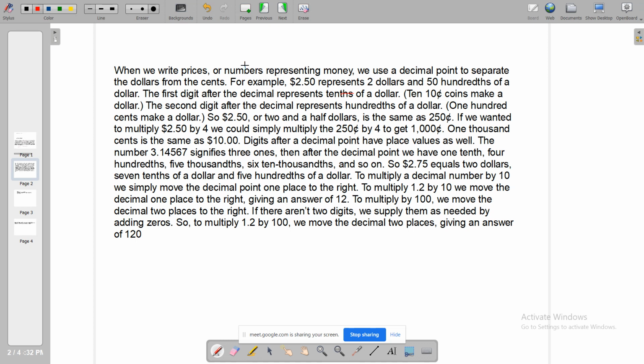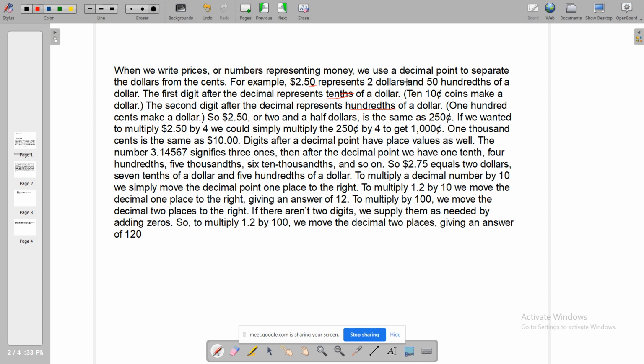So after the decimal, the first number is tenths of a dollar. Then the second digit after the decimal represents hundredths.